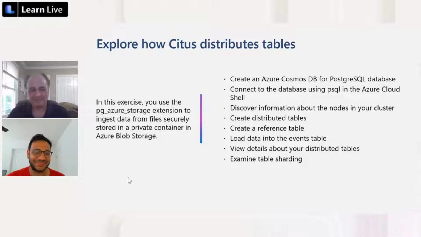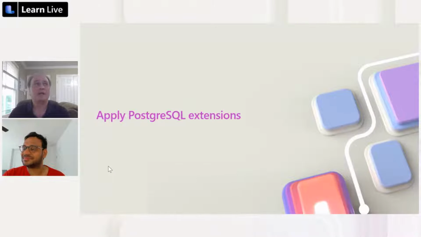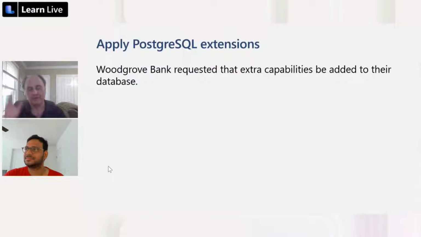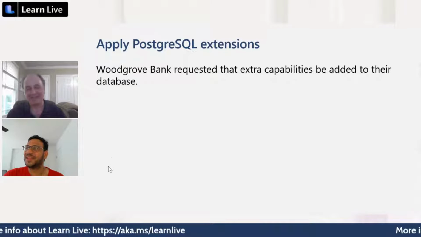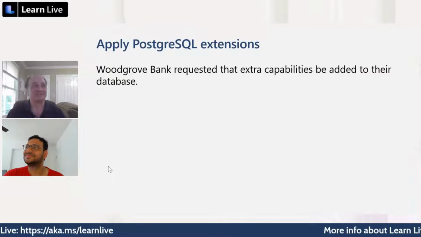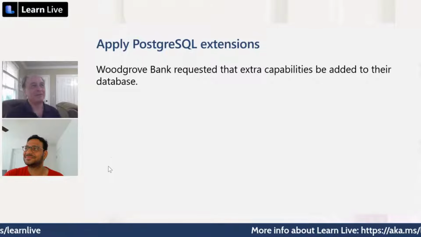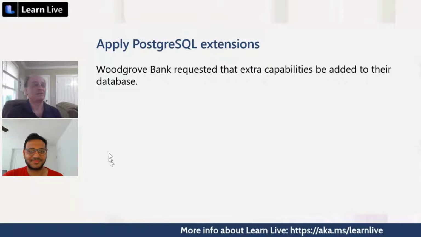All right, let's move on and talk about how we turn on extensions within Azure Cosmos DB for PostgreSQL, and that just rolls off the tongue. After you say it enough, it does. But Woodgrow Bank requested that extra capabilities be added to their database.